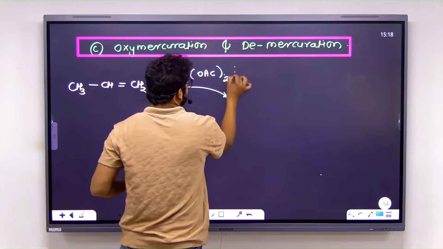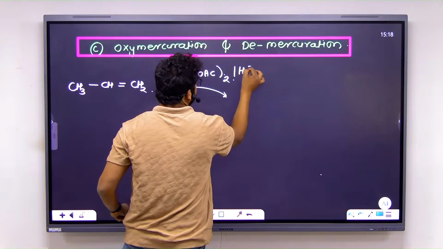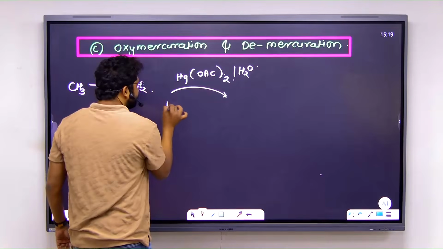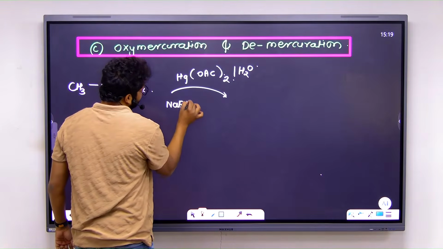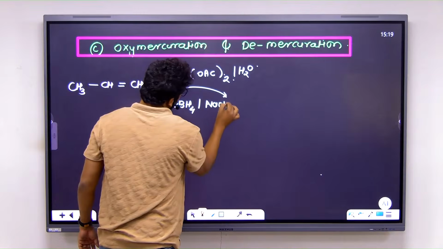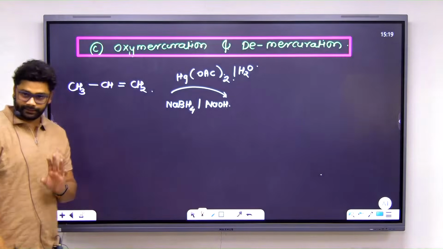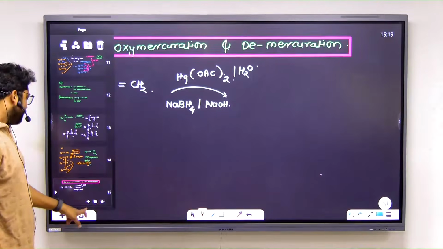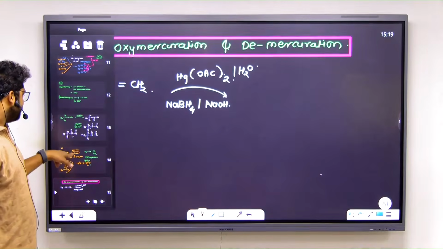Besides that, there is a use of water, H2O. Second, there is a use of NaBH4, and fourth, NaOH or KOH. Simple. You must remember the use of all these categories, right?